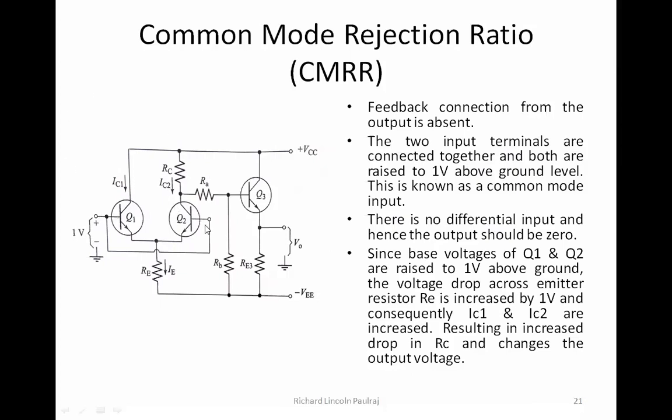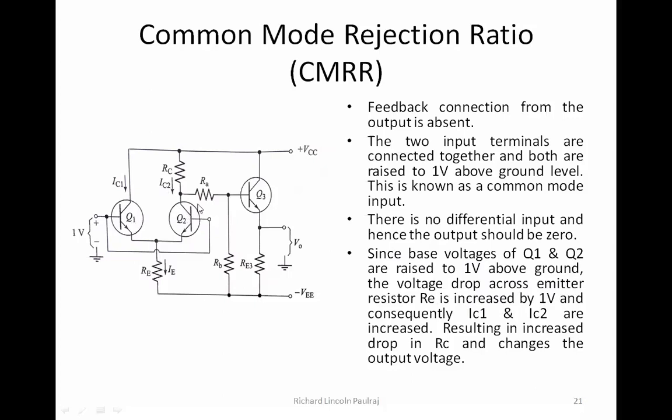So what's the concept of a differential amplifier? The differences are amplified, isn't it? But here 1 minus 1 is 0, so nothing is going to be amplified. The output is going to be 0. Since the base voltages of Q1 and Q2 are raised to 1 volt above ground, the voltage drop across emitter resistor RE is increased by 1 volt.